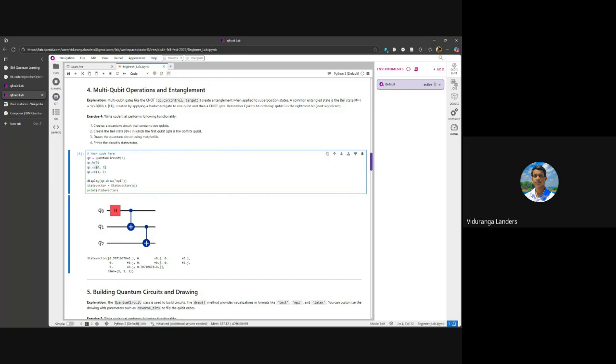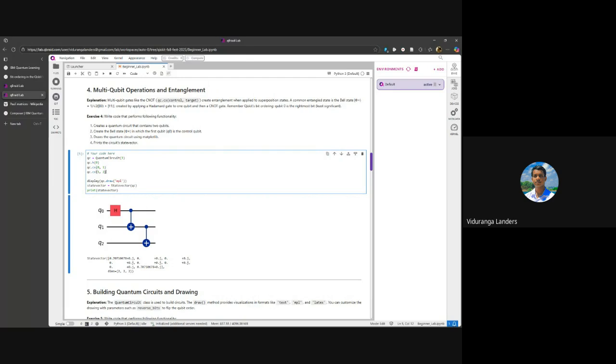You have other multi-qubit gates like control Z, and some custom gates you can develop with control unitary gates, and even 3-qubit gates like Toffoli. In any case, the first parameter gives you the first control, and the last parameter gives you the target qubit.